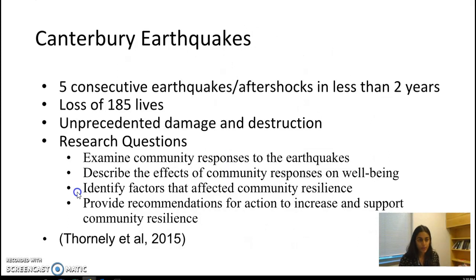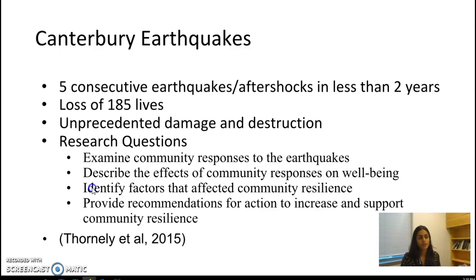So the earthquakes were 5 consecutive earthquakes and aftershocks in less than 2 years. Loss of 185 lives. It was an unprecedented damage and destruction in that area.